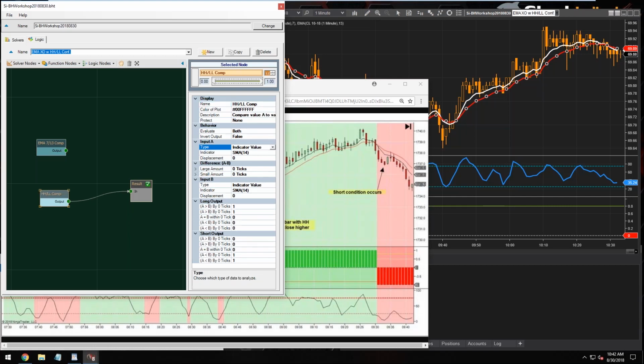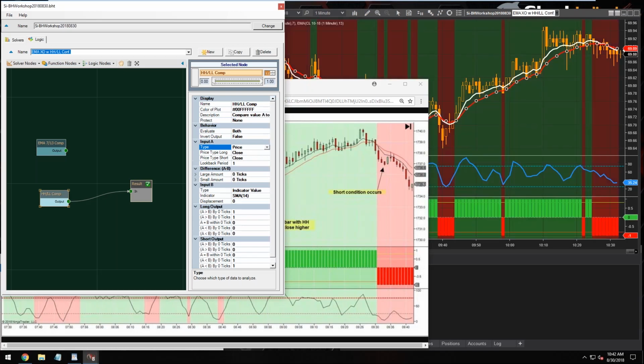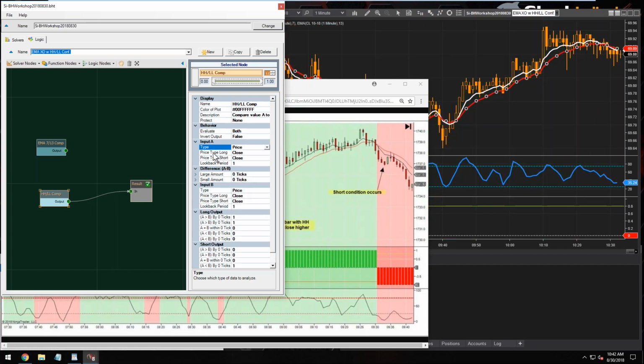So for that, what we're analyzing is price, the price of the bar. So we're going to set input A to price, and we'll also set input B to price as well.